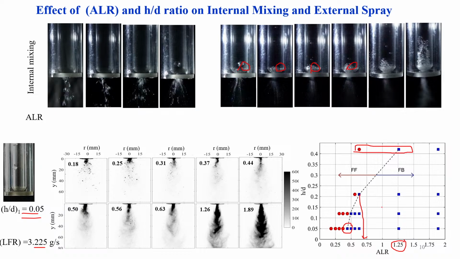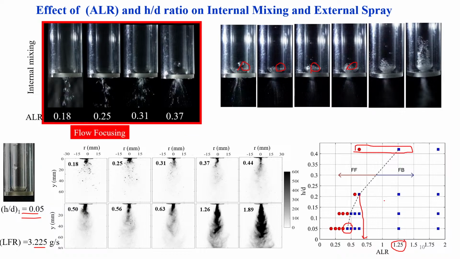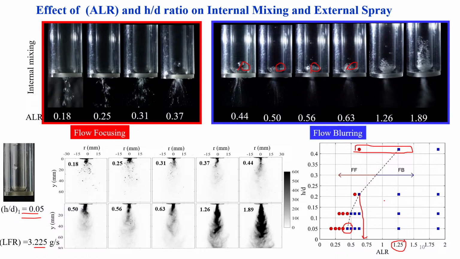This clearly brings new research innovation from my research. So for higher H by D ratio also, we can get the flow blurring concept. This is a very important regime plot. Next, this is the flow focusing mode of atomization, and this is flow blurring.